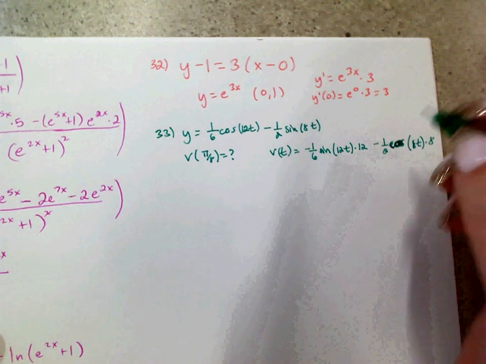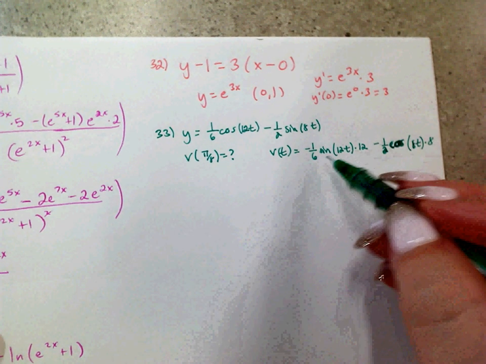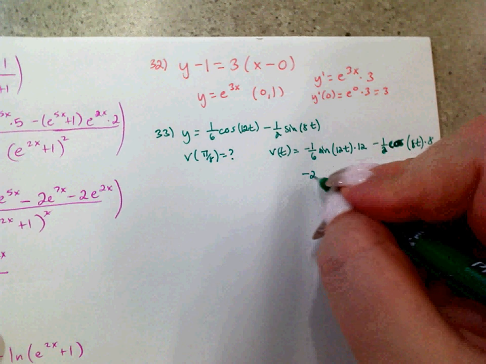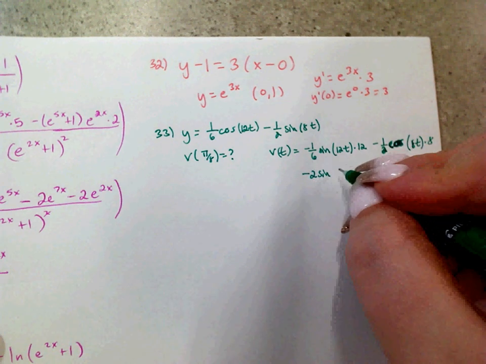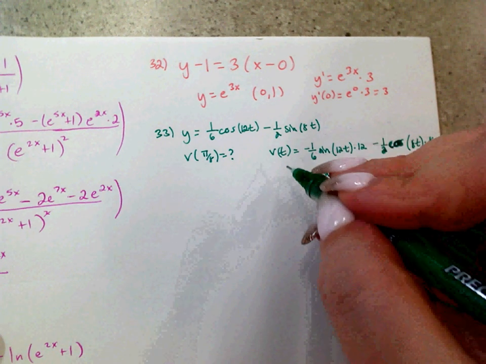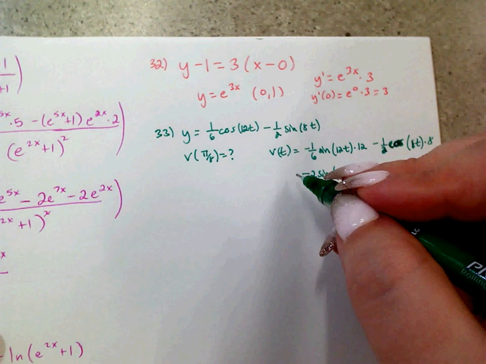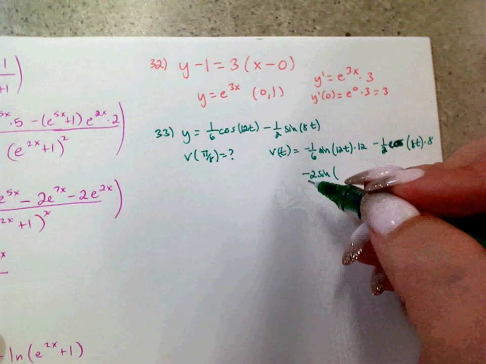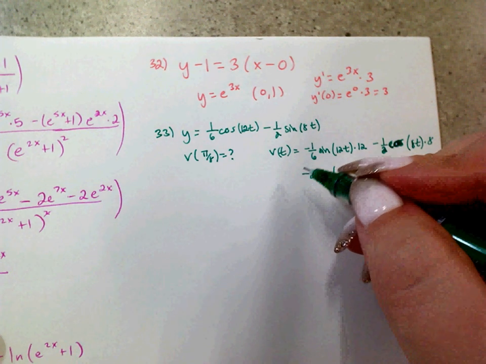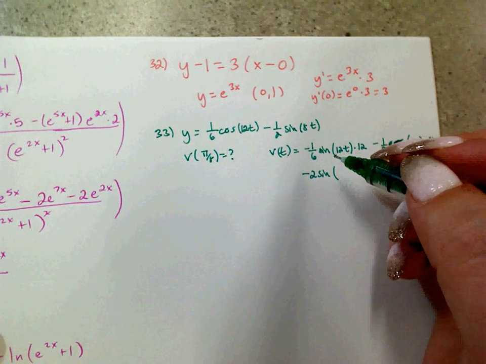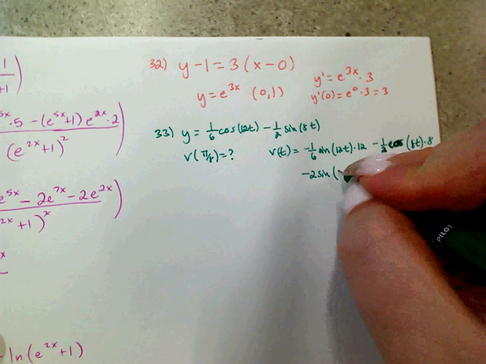So I have 12 divided by 6, which is 2, negative 2 sine of, now notice how I didn't put an equal sign because I just don't unless I really want to say that they're equal. So I'm going to use this opportunity to plug in pi over 8. So 12 times pi over 8.